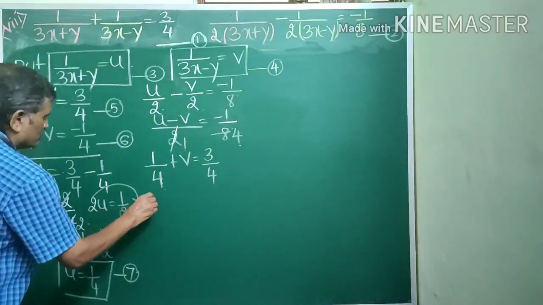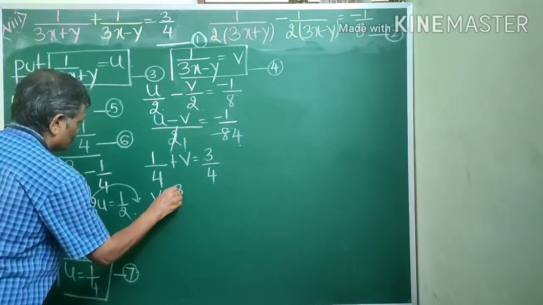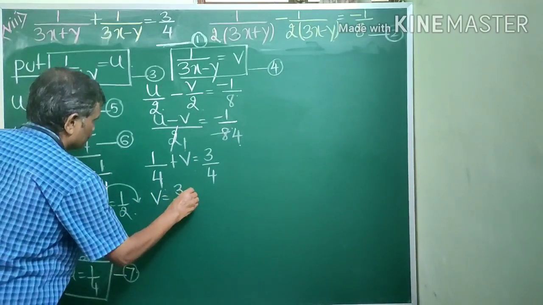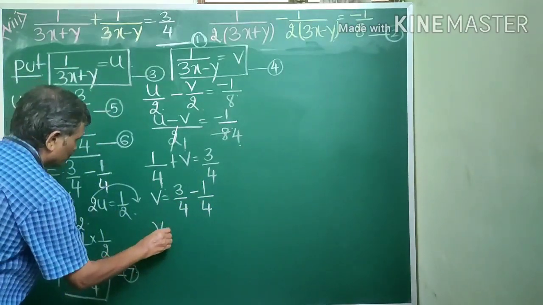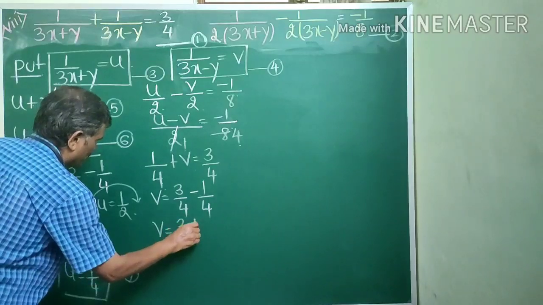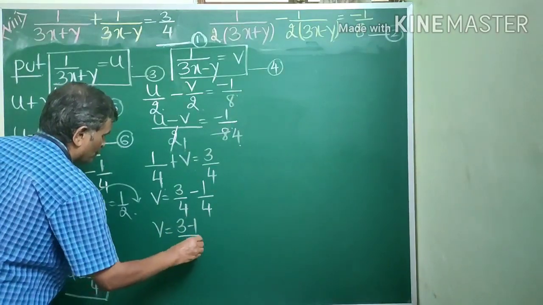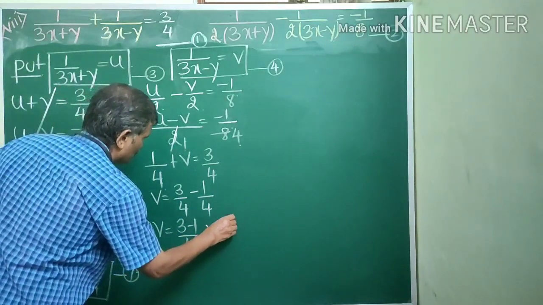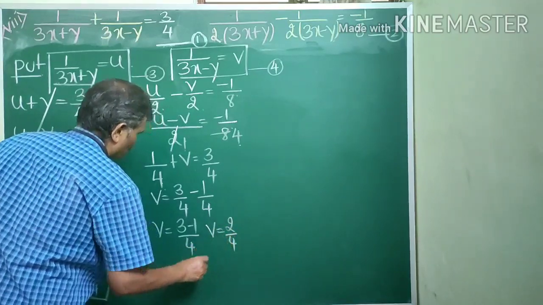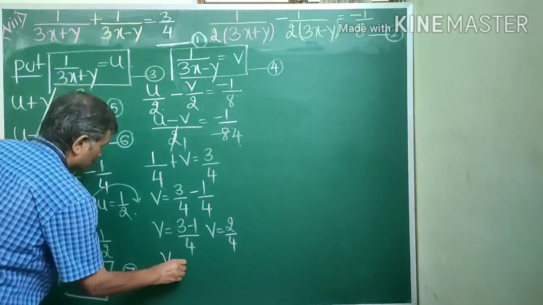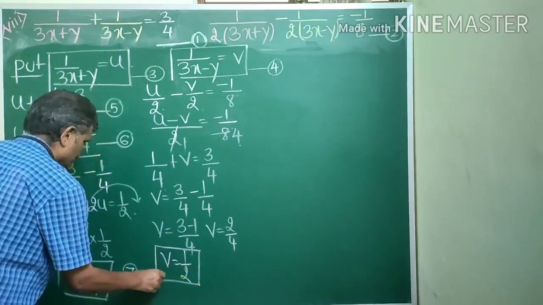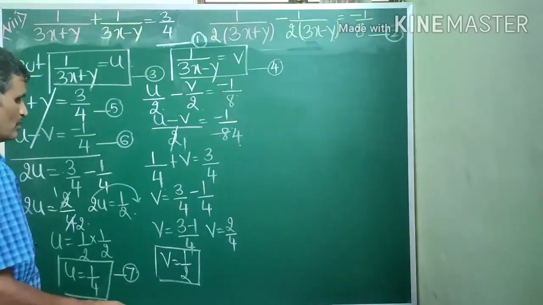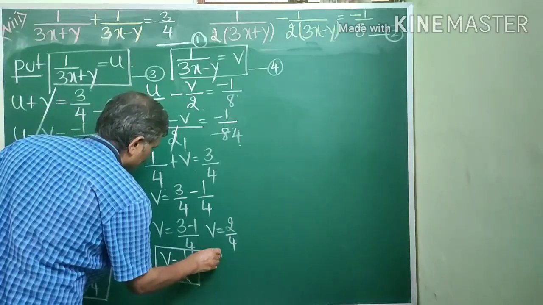Now I can say v is equal to 3 by 4 minus 1 by 4, then v is equal to 3 minus 1 by 4, or v is equal to 2 by 4, or v is equal to 1 by 2. Now this I will call equation number 8.